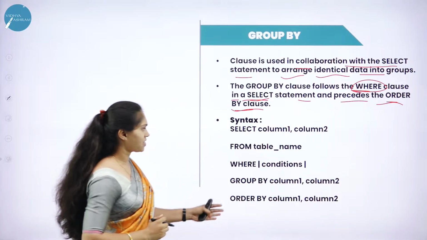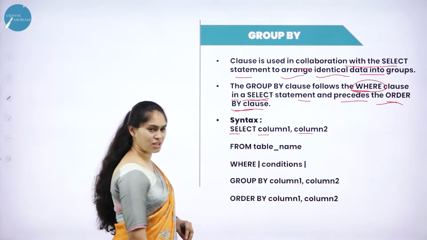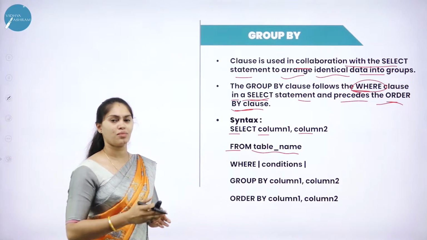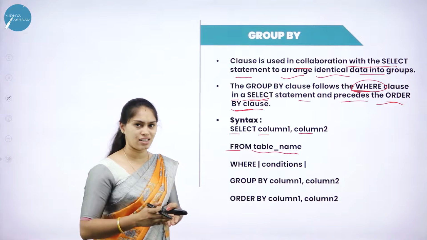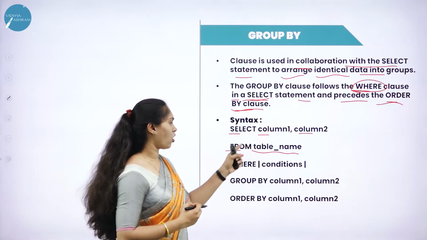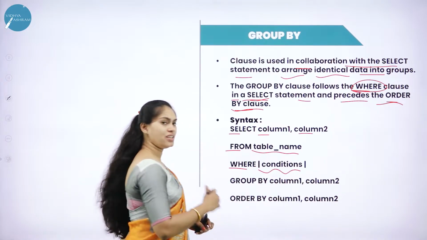We'll see the syntax here. You can see select column 1, column 2, up to n number of columns we can take from the table name. Here we are taking the identical data and making that identical data into some groups. For that purpose we are going to select some columns from a particular table where, if I want to have any condition, I can give it.